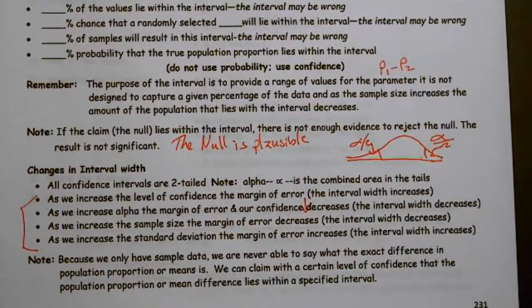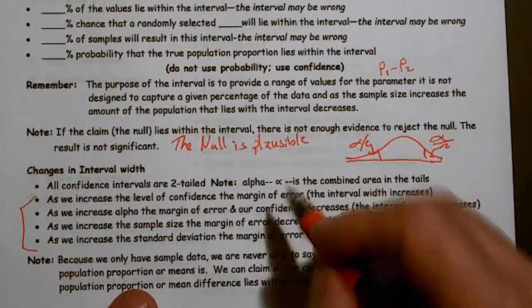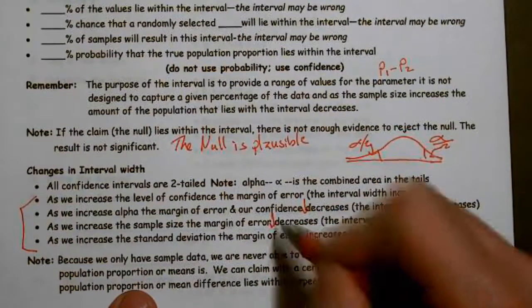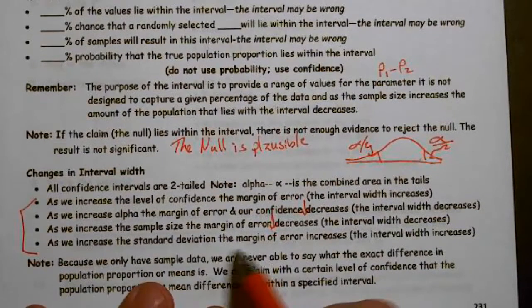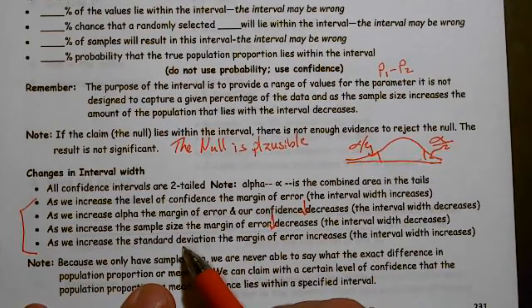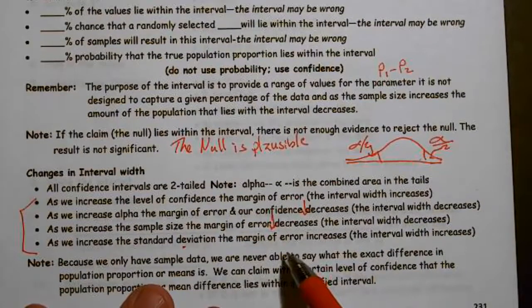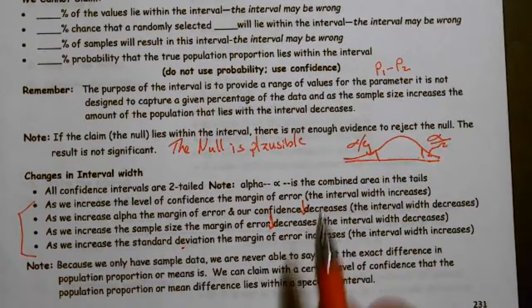As we increase the sample size, margin of error decreases, and consequently, the interval width decreases. As we increase the standard deviation or the standard error, the margin of error increases and the interval width increases. I don't think that's a surprise there.